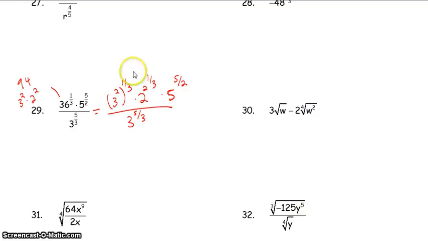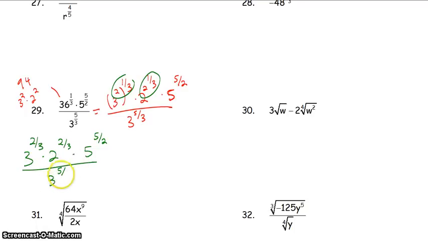Alright, next thing I do is just simplify these up here, figure out what these numbers are. So I have 3 to the 2/3 times 2 to the 2/3 times 5 to the 5/2 all over 3 to the 5/3. The reason why I did it this way is because these you can simplify by subtracting the exponents, or you could, like I said, cancel them.